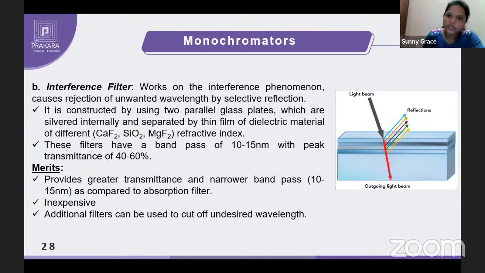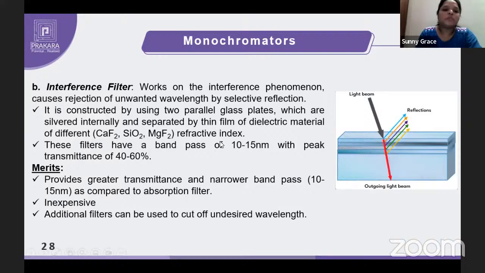In the same way, in the interference filters, whichever unwanted wavelength is there will be gone out by selective reflection. Only the monochromatic light having the desirable wavelength will be sent out of the exit slit, so that it will go and fall on the sample solution. So this is how it takes place.